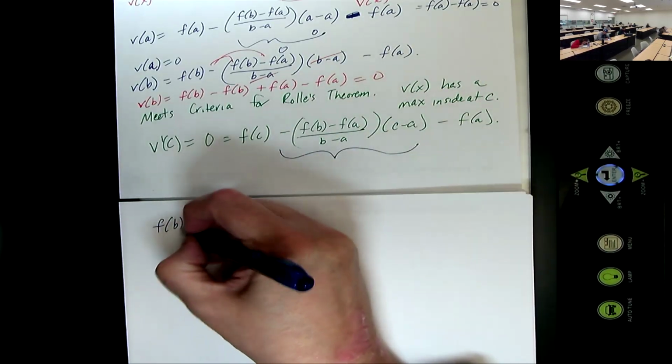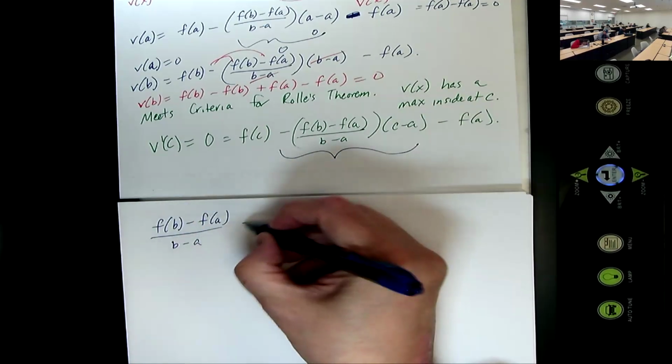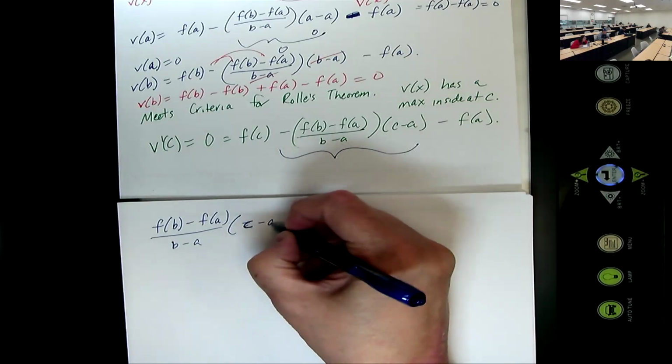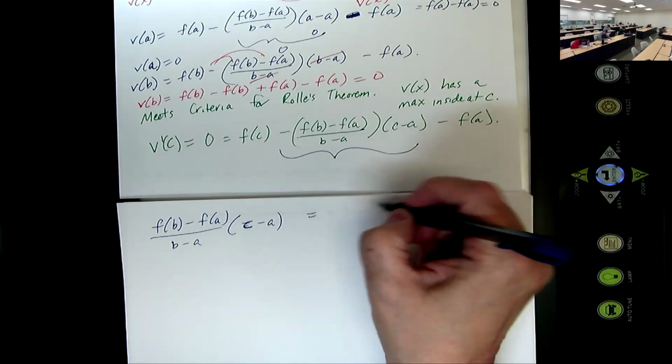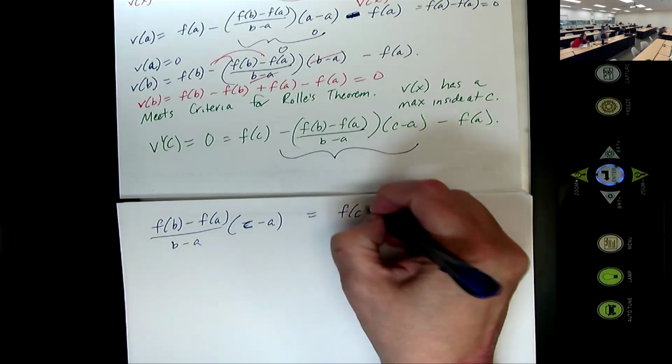I've got f of b minus f of a over b minus a times c minus a equals f of c minus f of a.